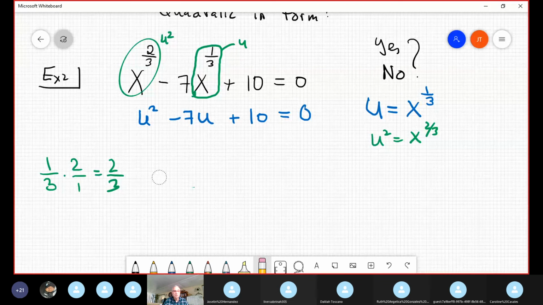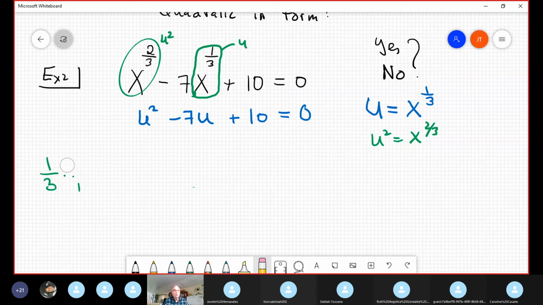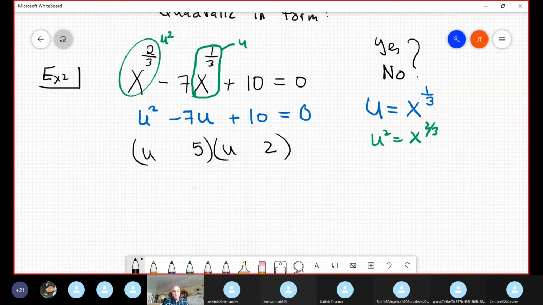We can solve it using the quadratic formula, or in this case, I recommend factorization because it's very easy. In that case it is (u)(u) and the combination of 5 and 2, because 5 times 2 is 10 and 5 plus 2 is 7, and negative both.